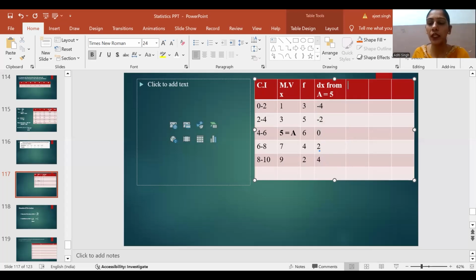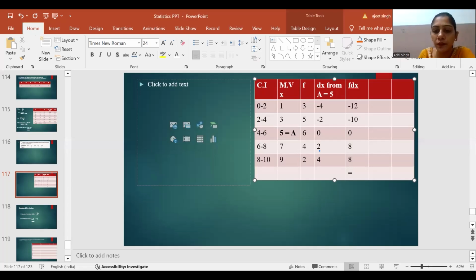Now with the help of dx, we will calculate the value of f dx. We multiply the value of f and the value of dx. So 3 into minus 4 is minus 12, 4 into minus 2 is minus 8... Now we have to take the sum of f dx, as for calculating mean we need sigma f dx.